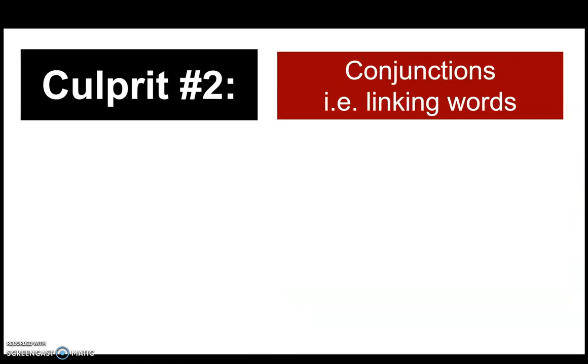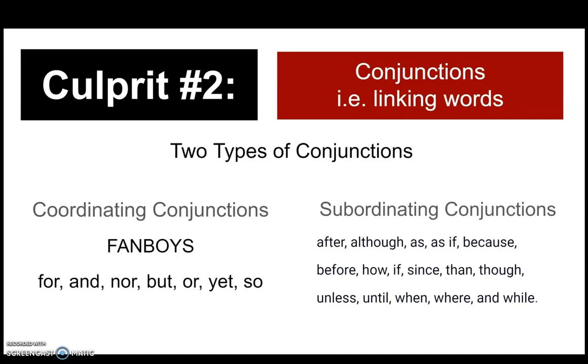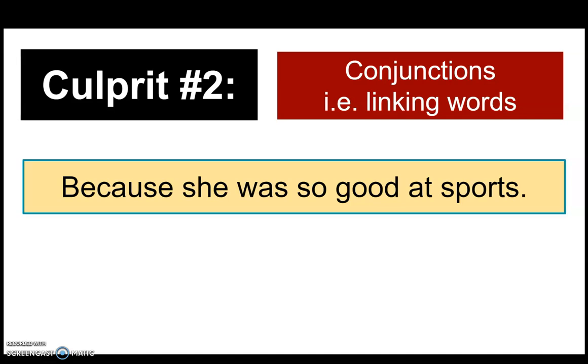Another type of culprit that causes fragments are conjunctions or linking words. There are two types of conjunctions, one which you are familiar with probably, fanboys: for, and, nor, but, or, yet, so; and subordinating conjunctions: after, although, as if, etc. Those subordinating conjunctions should be listed on our grammar and punctuation handout, so if you need to look at that, you can look at it there.